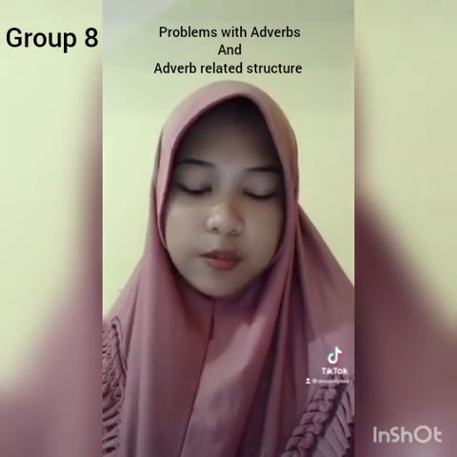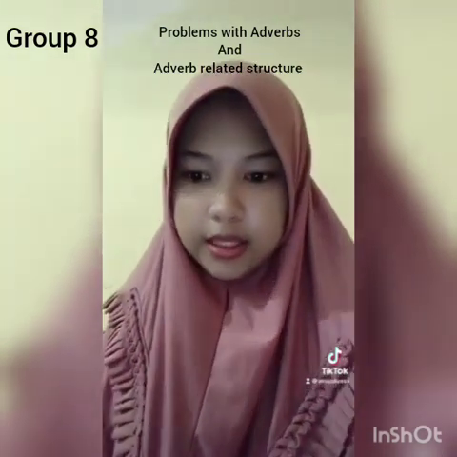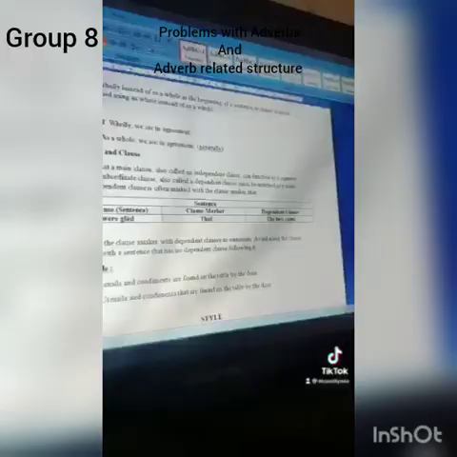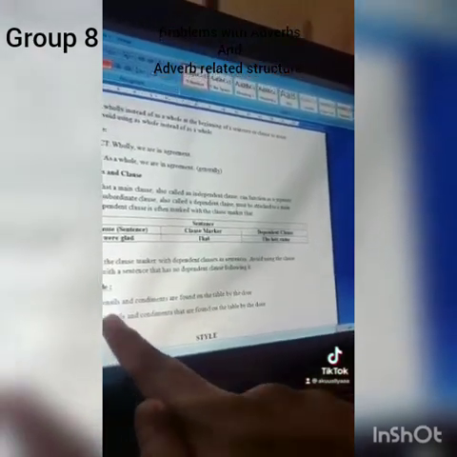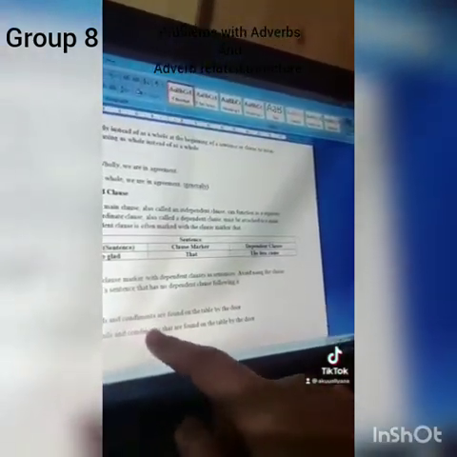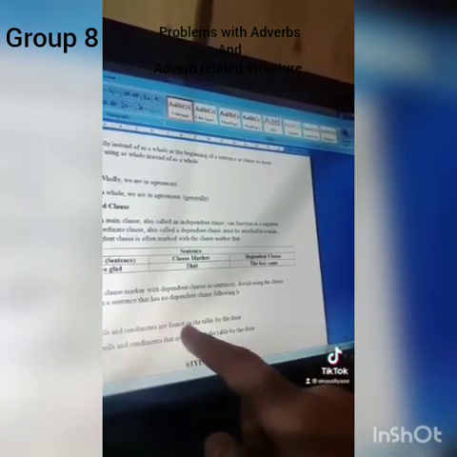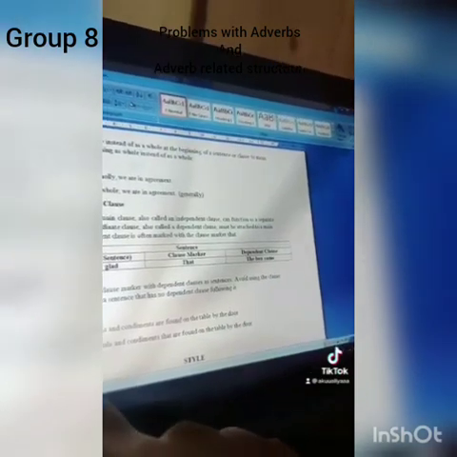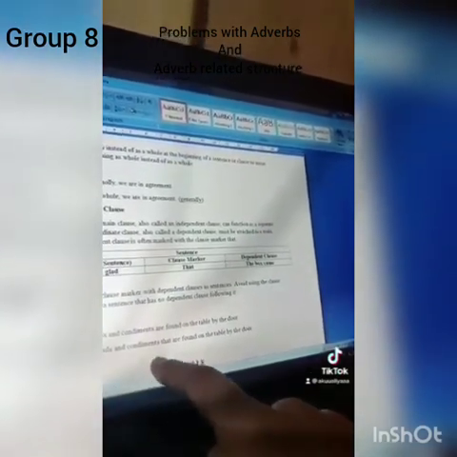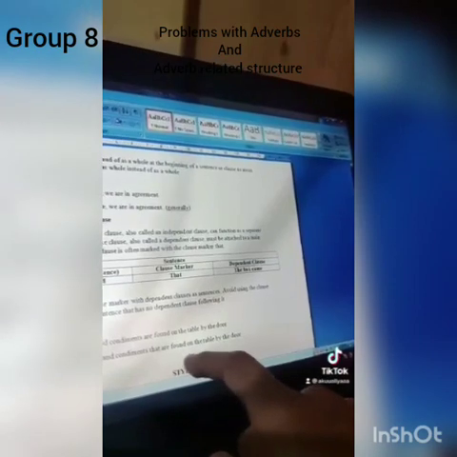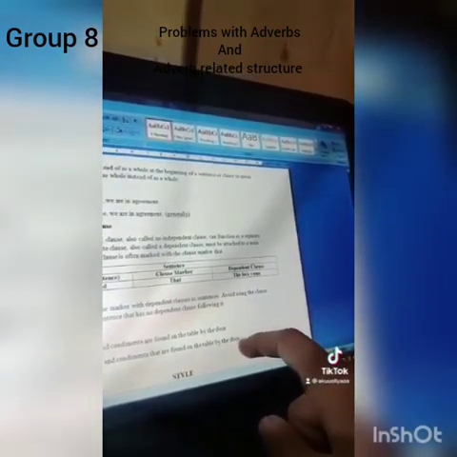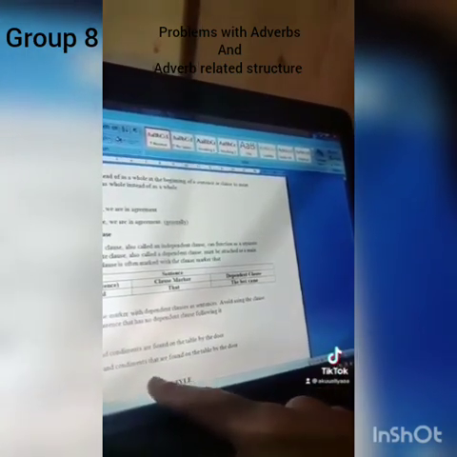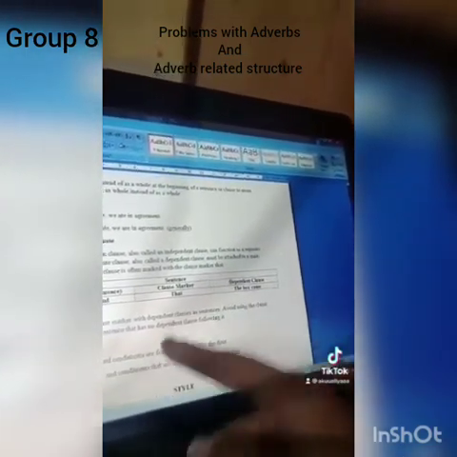Avoid using the clause marker that with a sentence that has no dependent clause following it. For example, "Utensils and condiments are found on the table by the door." Incorrect: "Utensils and condiments that are found on the table by the door." Which is in here, not plus that.